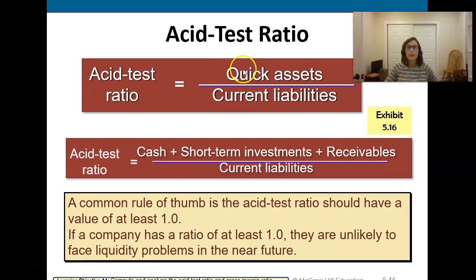The only difference is that we've broken out quick assets into its various pieces. Essentially, you're still using your current assets in this, except you're not going to use inventory. So while inventory is a current asset, it will not show up in the numerator of your acid test ratio. It will show up in your current ratio, but not in your acid test ratio.